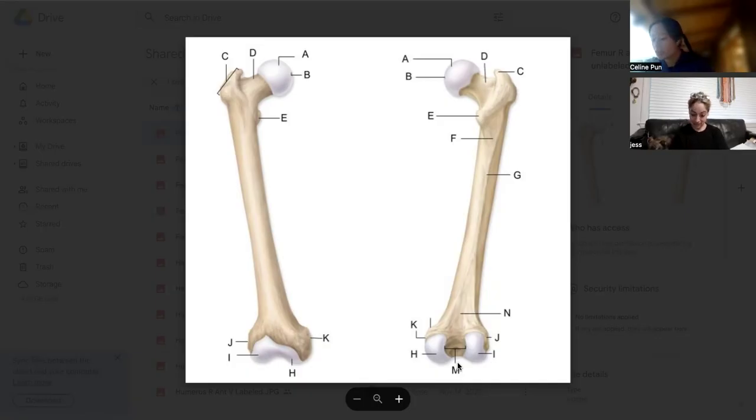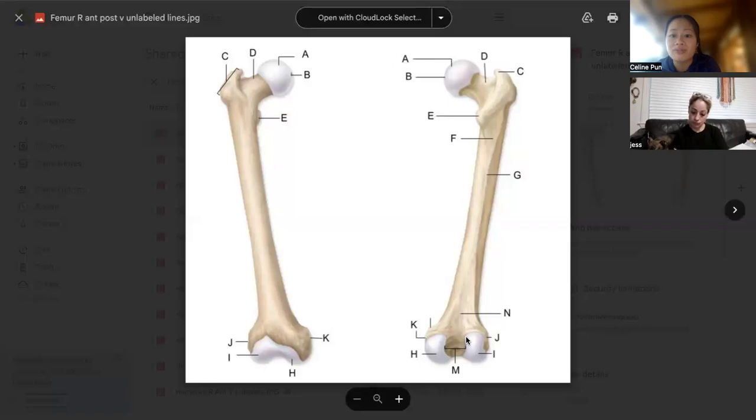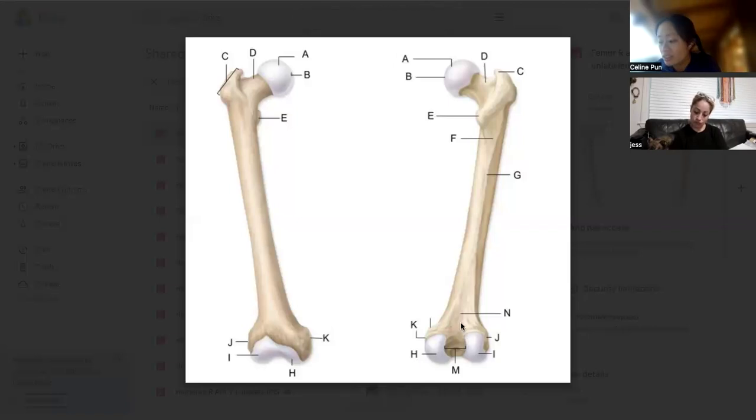It's your popliteal surface, right above the fossa. Popliteal basically means the back of your knee. So if you just remember popliteal as the back knee, that's the back knee part of the bone. So the popliteal surface. Okay.